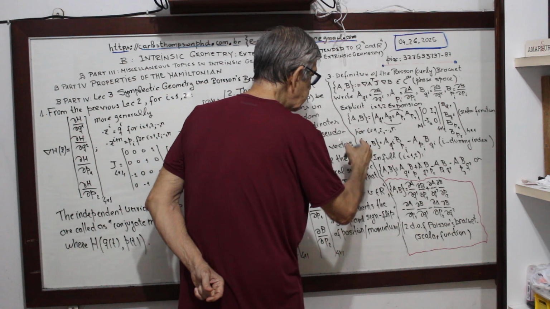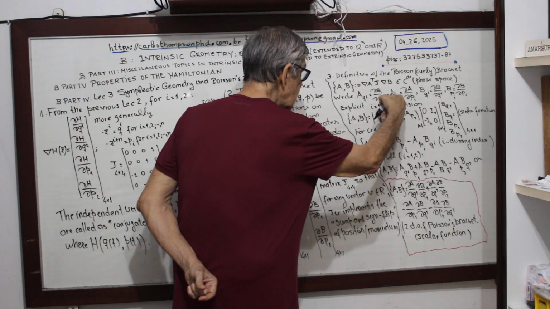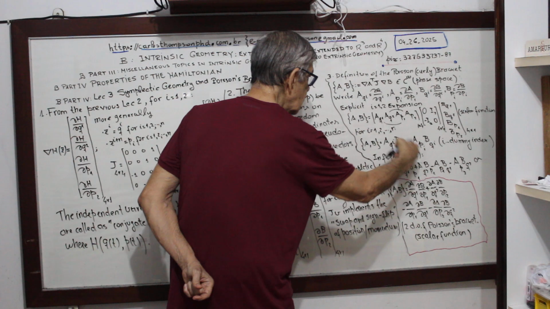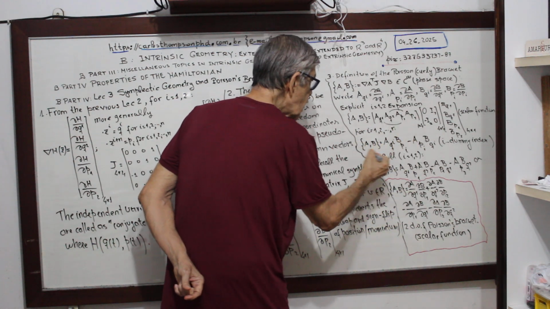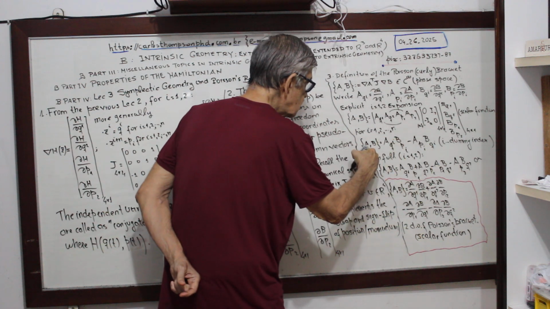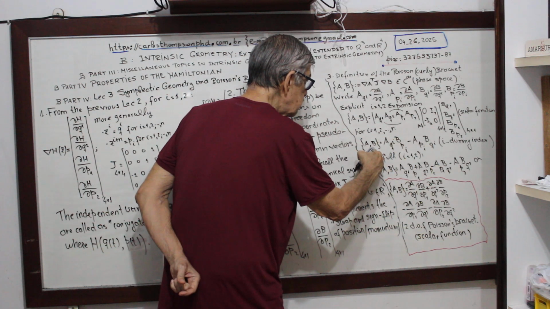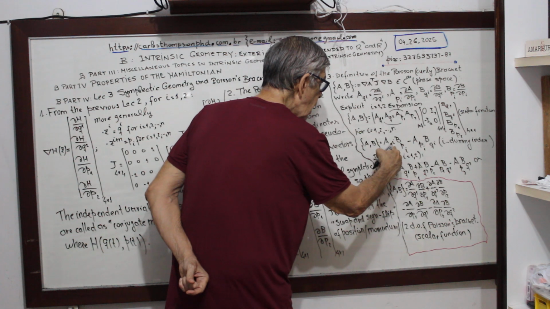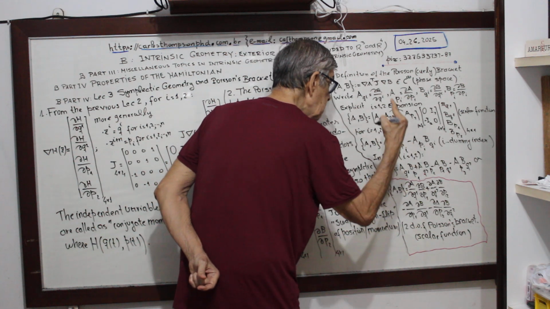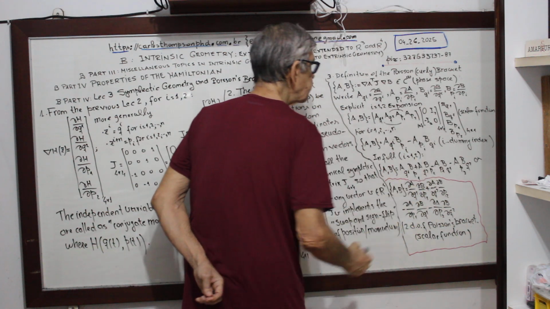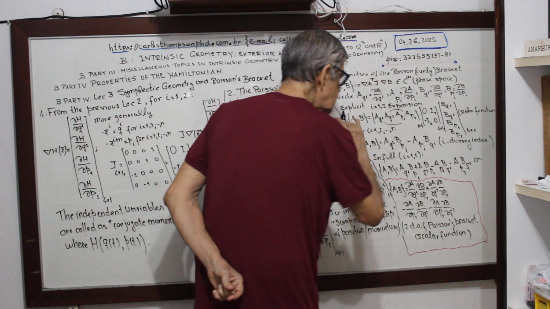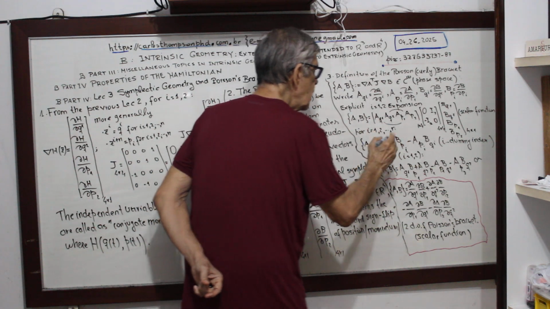So as I said here, for i is equal 1 to n, the expansion of the curly bracket A and B is A_qi B_pi minus A_pi B_qi.